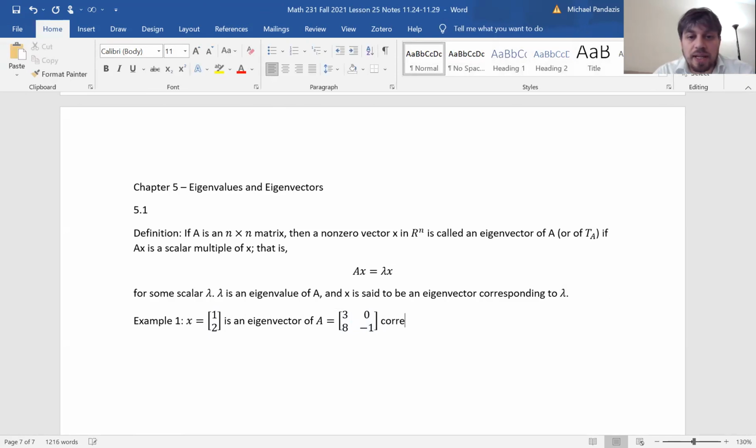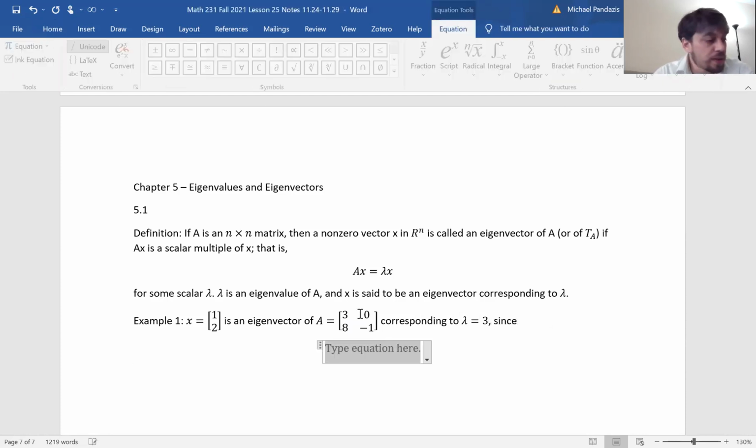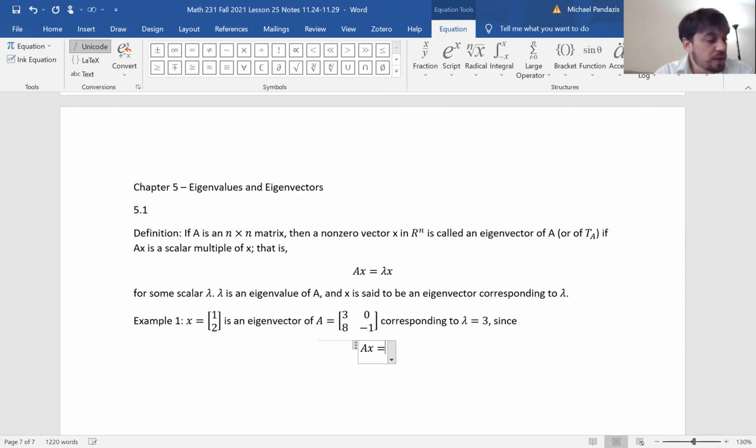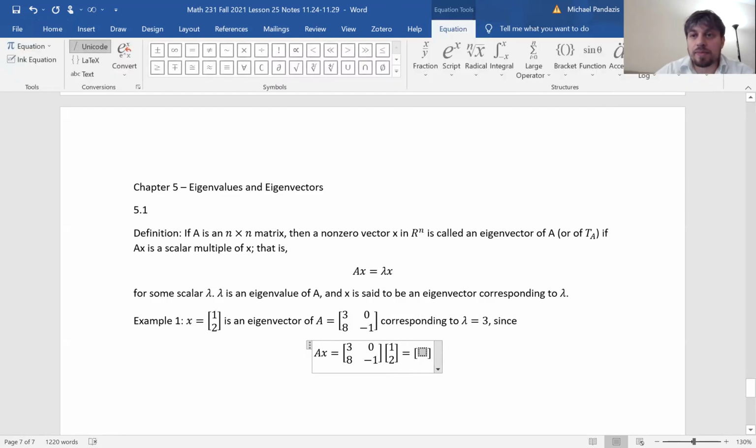This is an eigenvector of that matrix corresponding to lambda equals 3, since AX, if you multiply them, you get the 2 by 1 matrix 3, 6, and 3, 6 is 3 times the 2 by 1 matrix we started with, 1, 2.